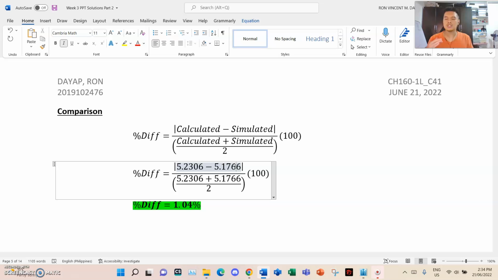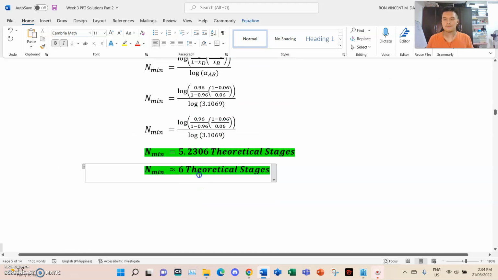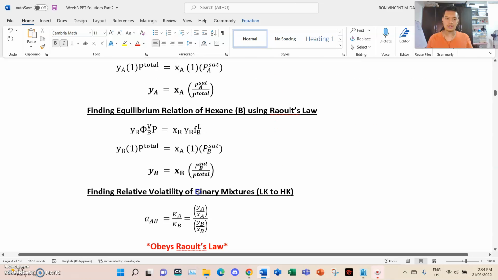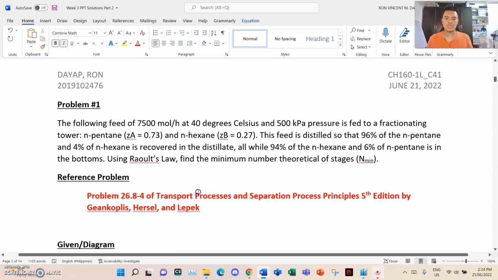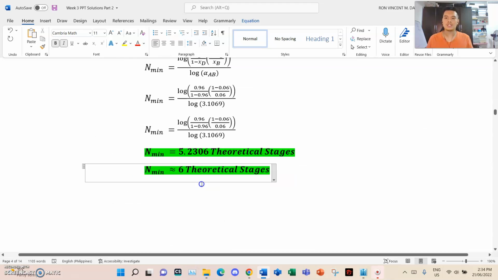Since it goes past 5, we need another additional tray. Regardless of these different decimal values, rounding up, both give 6 theoretical stages. So to initiate this separation, it requires a minimum of 6 theoretical stages in distillation.